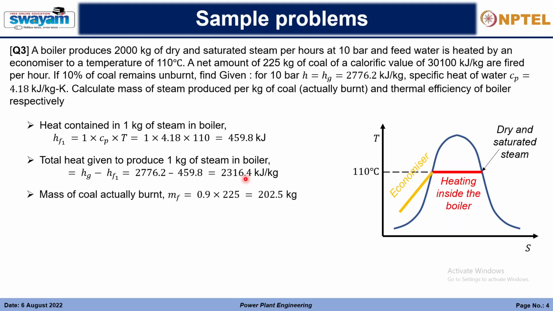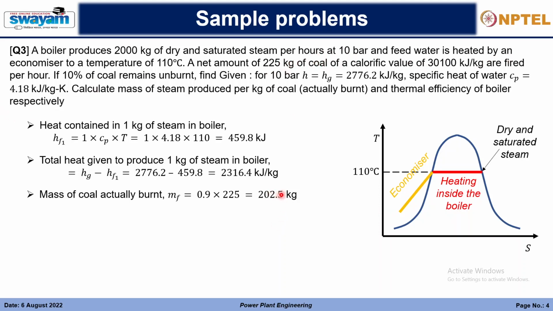Then we will calculate the mass of coal actually burnt, that is MF equals 0.9 into 225. Why 0.9? This is 90% of the coal which is burnt, 10% is left unburnt, right? So that would give us 202.5 kg per hour, since this was kg of coal per hour it was burned, right?